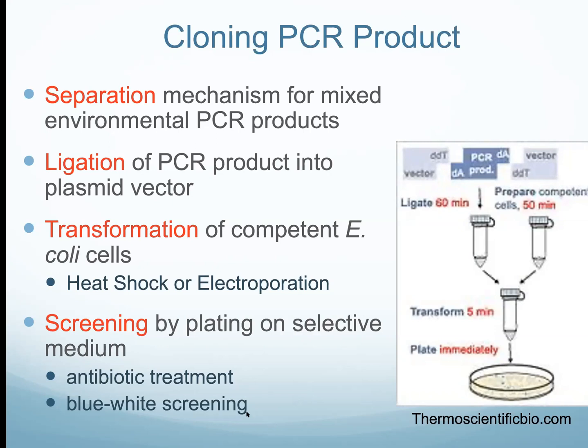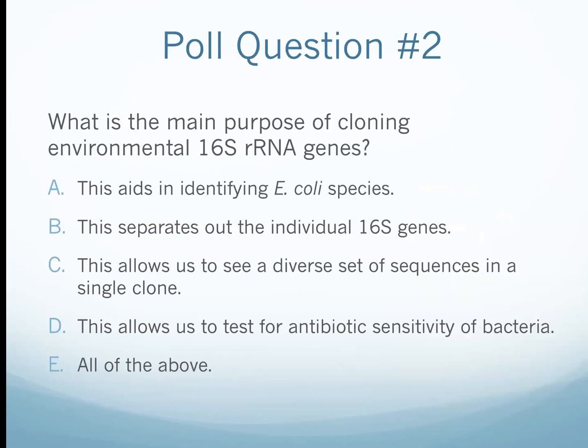So what you can do is, when you plate your cells, if they grow on ampicillin, they've got the plasmid. And if they produce a color, that means their lac operon is still functional, and we don't want those colonies. What you're looking for are white colonies, because we know they have the plasmid and they have the lac operon disrupted.